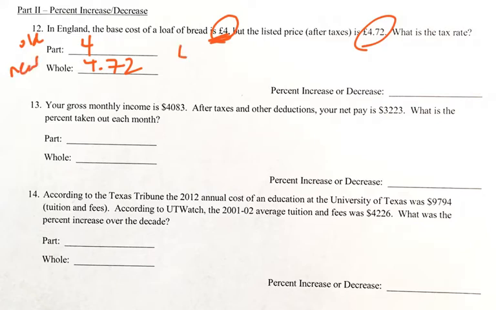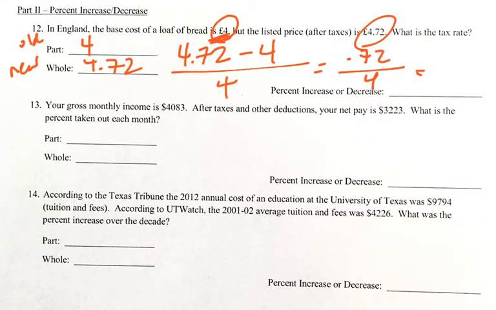So to solve this, we're going to do 4.72 minus 4 all over the old value, 4. Okay, so we end up getting 0.72 divided by 4, which is equal to 0.18, or that would be 18%.